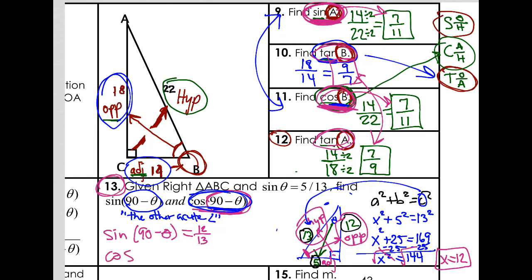Now the cosine of that other angle, 90 minus theta, is equal to, remember, cosine is adjacent over hypotenuse, so adjacent, which is 5, over the hypotenuse, which is 13. And so that's our answer for the sine and the cosine of that other angle.